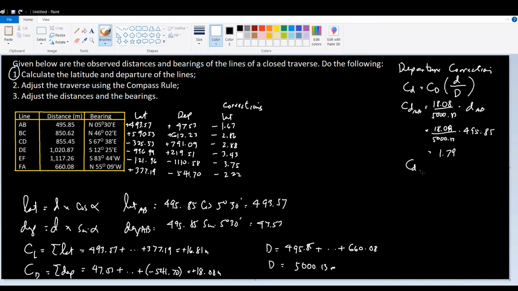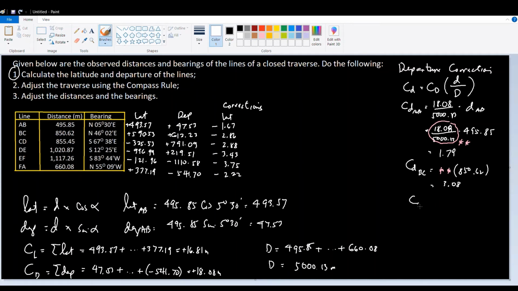So the correction for departure applying to BC will again be, well, we have this factor again. You can call it as double asterisk, no? Multiplied by the next one, BC, which is 850.62, and that should give me 3.08.